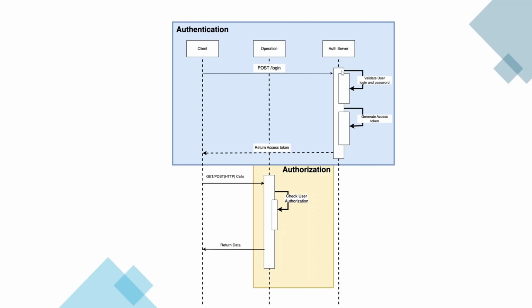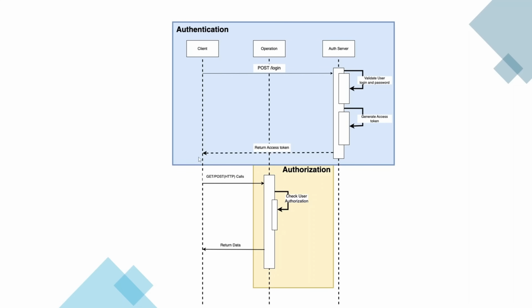The job of the authorization server is to validate that the username and the password for the login are correct. And when it's able to validate that, it then comes back with a token. It generates an access token and then sends back that access token to the client so the client can use it.